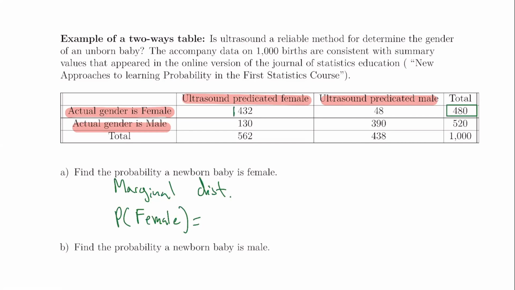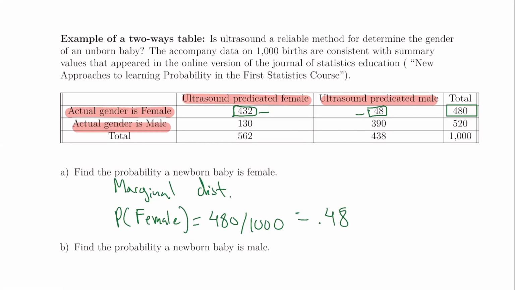Because this is saying there's 432 females that were predicted to be female, and this is saying there's 48 females that were predicted to be male. But these both are female. So for this one, it will be 480 divided by 1,000. This one should be pretty simple. You should get 0.48. And that's it for that first part.